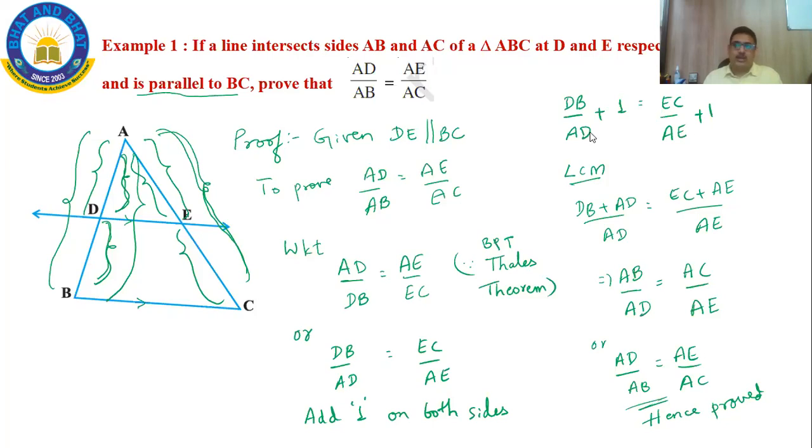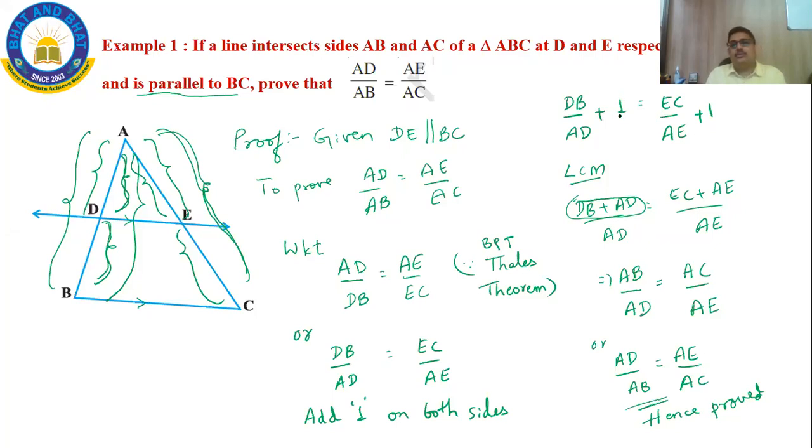Basically what I wanted to get is this part, that is, the dB plus AD part. So how do I get dB plus AD? If I take this AD to the numerator as an addition to this dB, how do I get this as an addition? If I add plus 1, but I cannot just add plus 1 on one side.